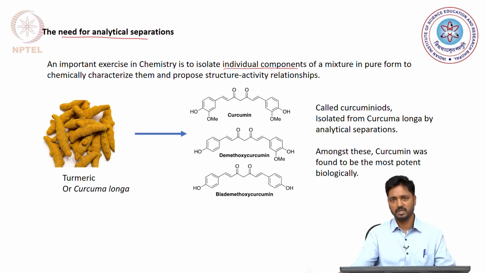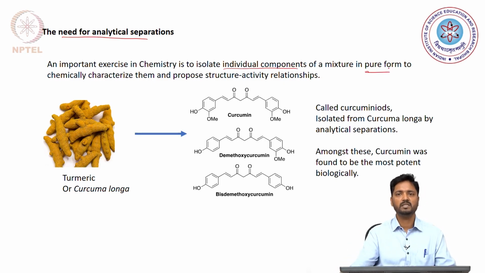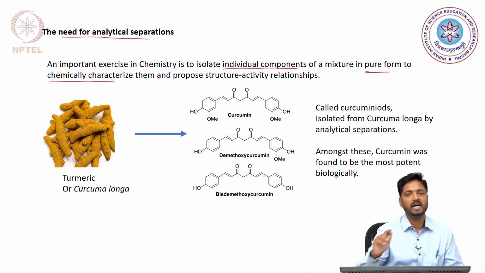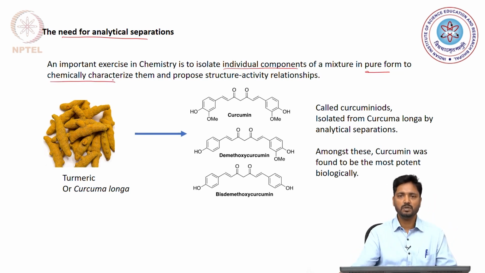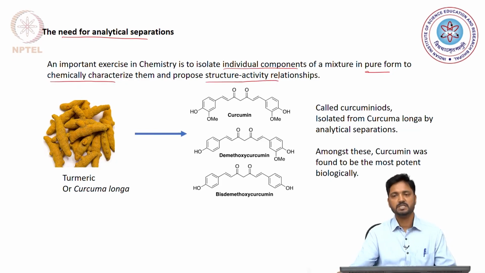This mixture can be naturally occurring as part of, say, plant material or in petroleum, and we would want to isolate individual components from this mixture in their pure form, and by pure form we mean that they should be analytically pure so that they can be individually characterized and chemically analyzed, and based on the chemical analysis and the activity that these compounds generate, we would want to ultimately propose a structure activity relationship.